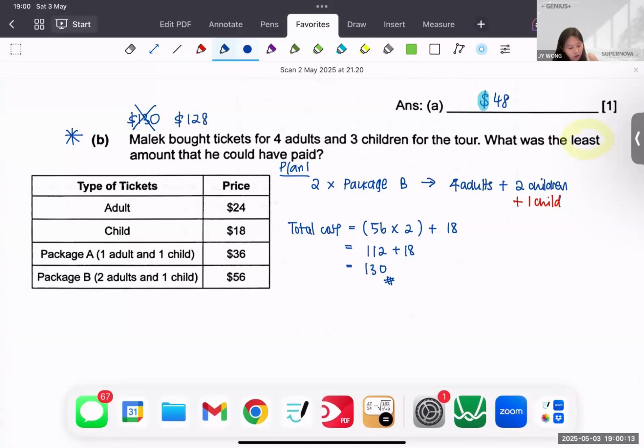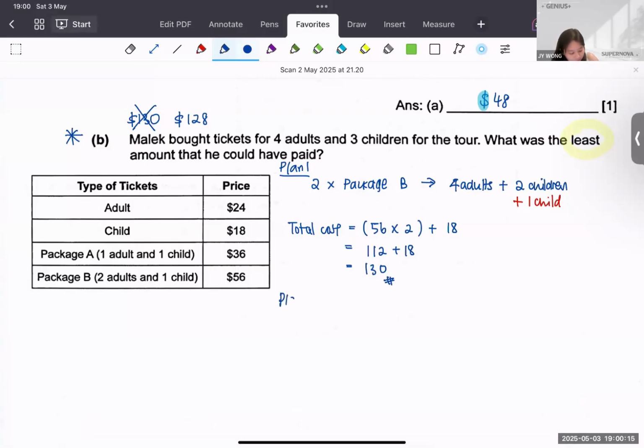Why? Because when I try plan 2, this is what most students will do. Plan 2 will be, I've decided to buy 3 times package A. That will give me 3 adults plus 3 children.